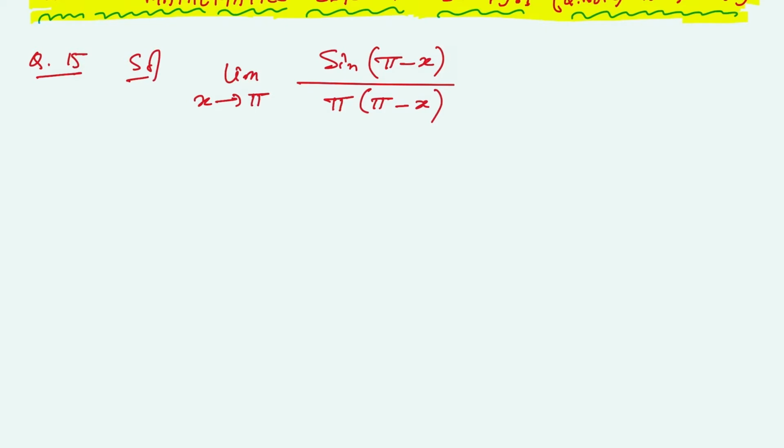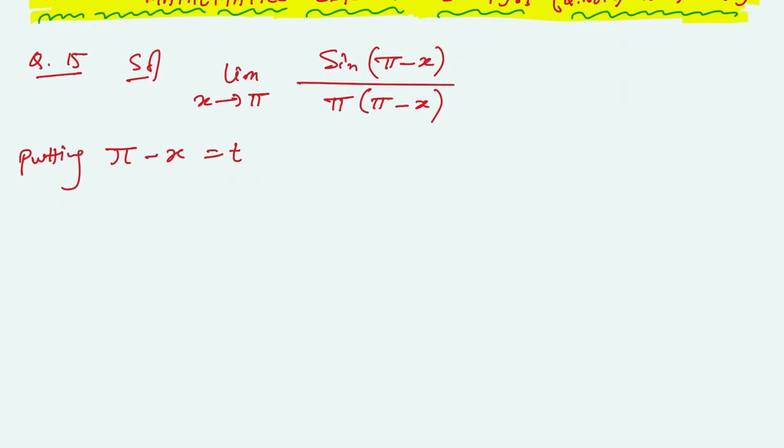Here you cannot put pi directly, because if you put x equal to pi, then the denominator becomes 0, for which it will not be defined. So let us simplify by replacing pi minus x by t.